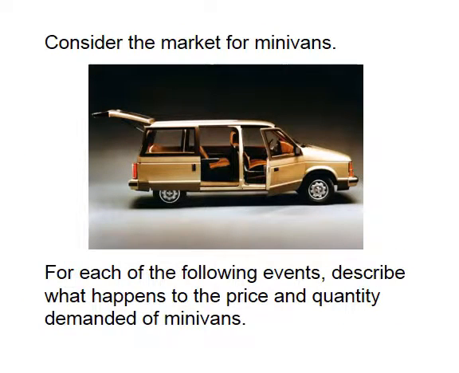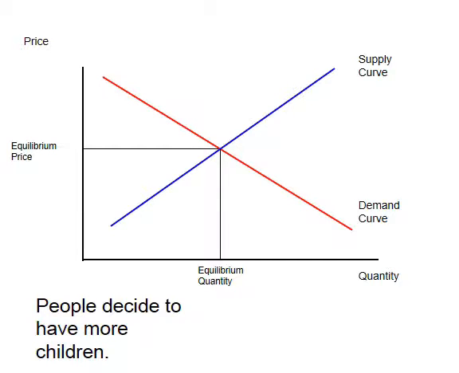Consider the market for minivans. For each of the following events, describe what happens to the price and quantity demanded of minivans. So people decide to have more children, and we are looking at quantity of minivans and the price of minivans. That's the market that we're tracking.